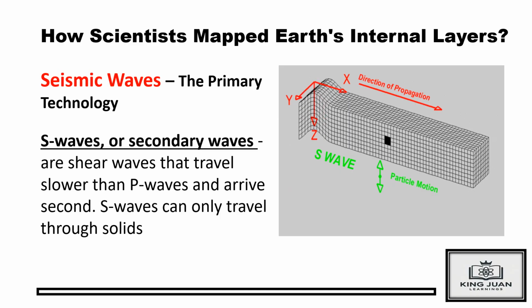These are shear waves that travel slower than P waves, and they arrive second. S waves can only travel through solids but not liquids. The picture depicts the propagation of S waves as they move inside the Earth's interior. So they tend to displace the body up and down.